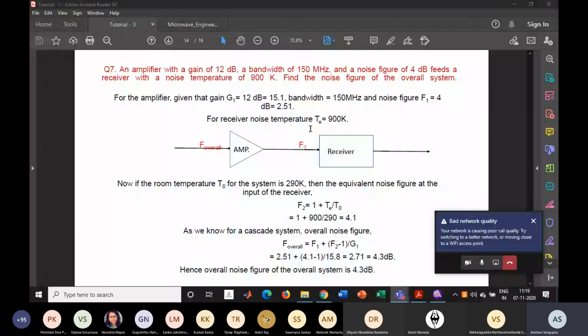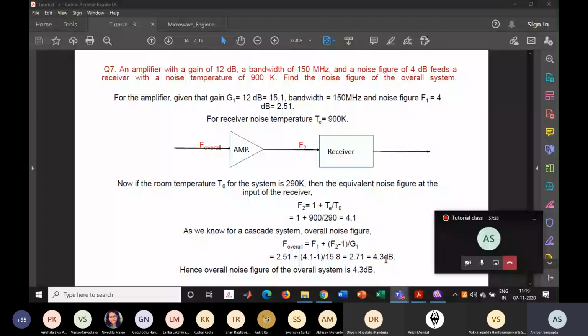I think it is wrong here; you can verify it, I think it is 15.1. It should be here. This comes out as 2.71, and in dB scale 4.3 dB. So the process is very similar, but you can verify the values once.